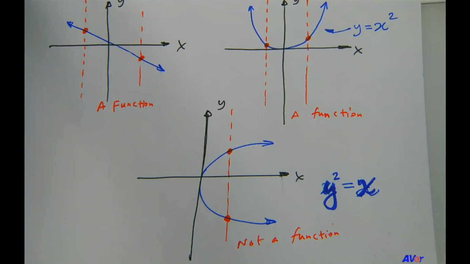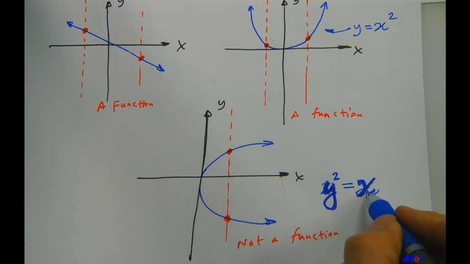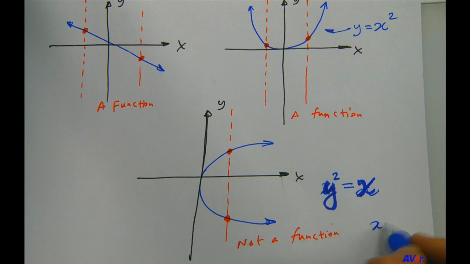It goes back to this thing that we talked about at the very beginning of this section. Remember that? When we talked about every value in the domain must correspond to exactly one value in the range. Here, if you have, say, x equals 1, then you can get that from y equals -1 and y equals 1.